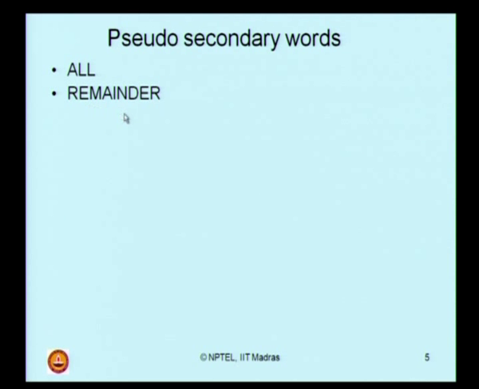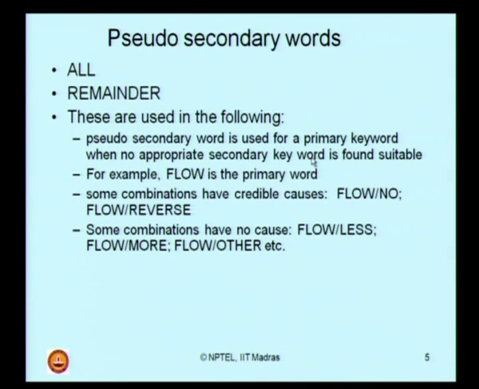I already said these words are pseudo secondary words. So, they have got to qualify something related to deviation in your plant. For example, a pseudo secondary word is used for a primary keyword when no appropriate secondary keyword is found suitable. Let us pick up the word flow as a primary keyword.